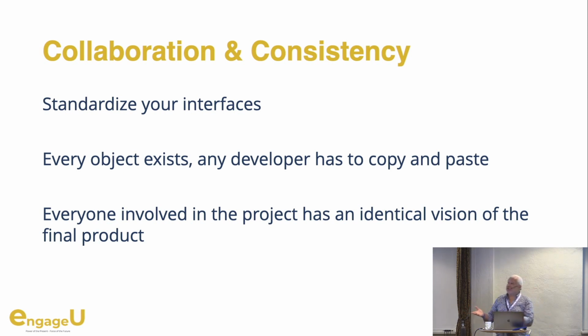It's the best way to ensure consistency and avoid the kind of error where someone builds a new object from scratch without connection to the previous one. So everyone involved in the project has the same vision of the final product, starting from the kit layout.